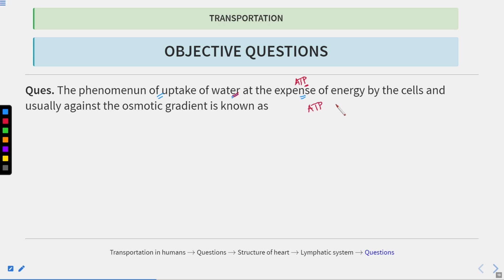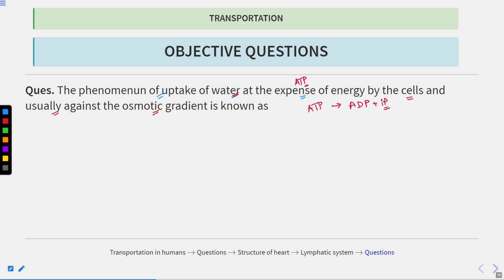ATP, which is known as the energy currency of the cell, is broken down into ADP and inorganic phosphate, and in this process energy is released. Now coming back to the question again, the uptake of water at the expense of energy by the cells, and usually against the osmotic gradient. What is osmotic gradient?